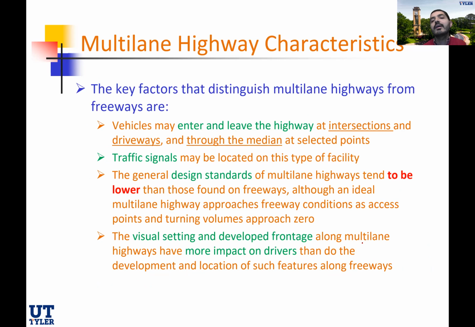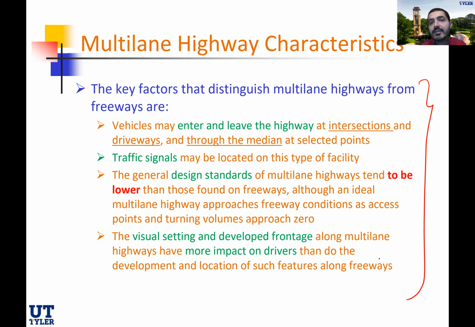So really, in a nutshell, if I ask you maybe in the second exam, what are the key factors that really distinguish the multi-lane highways from freeways? First, vehicles may enter or leave the highway at intersections and driveways and through the medians at selected points.